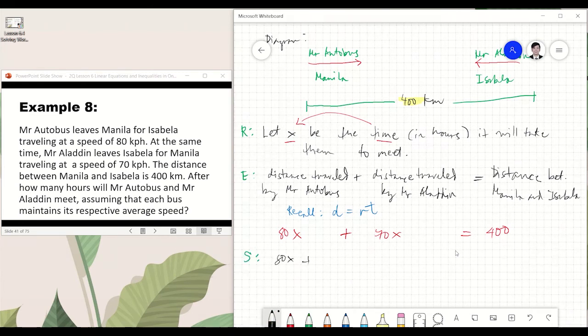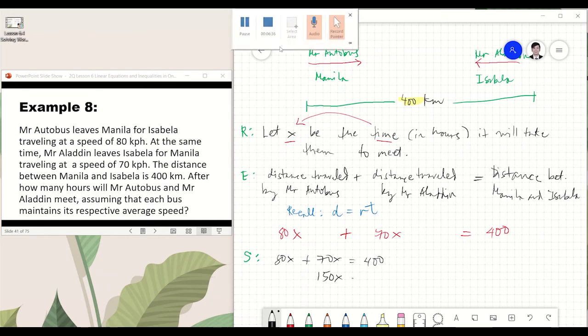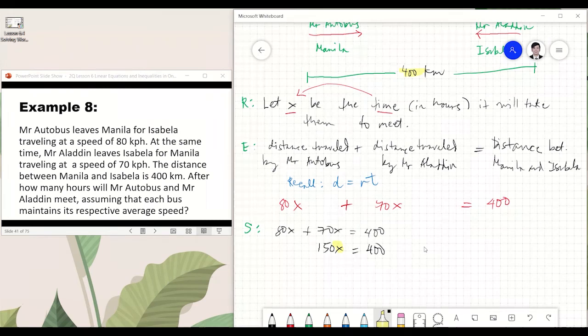So that's 80x plus 70x is equal to 400. So combine like terms, 80x plus 70x, that will give us 150x equals 400. Para ma-isolate yung x, meron siyang coefficient na 150. Kailangan siyang maging 1.